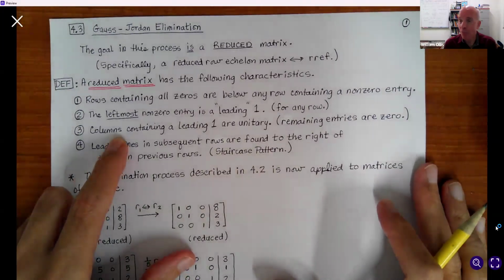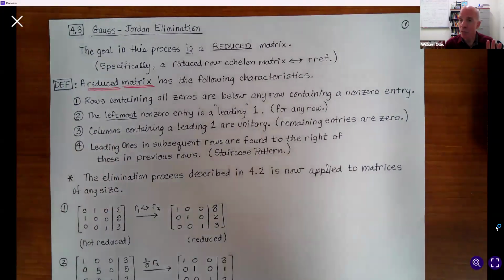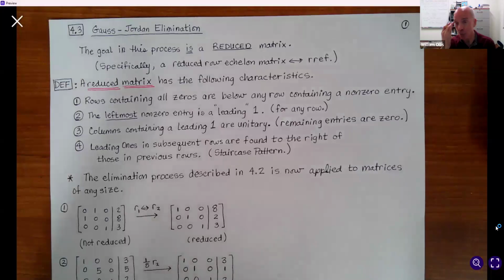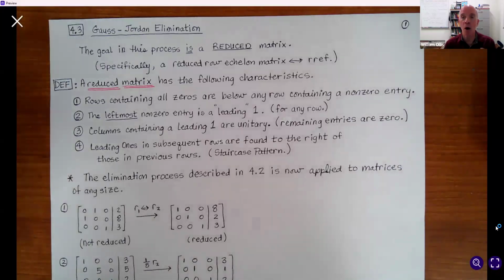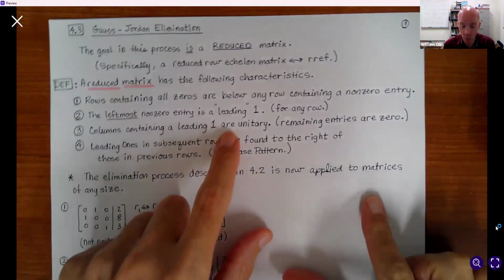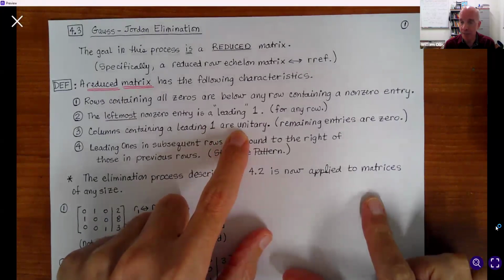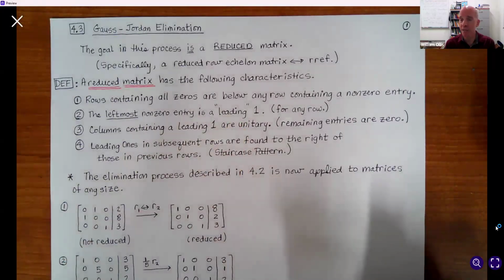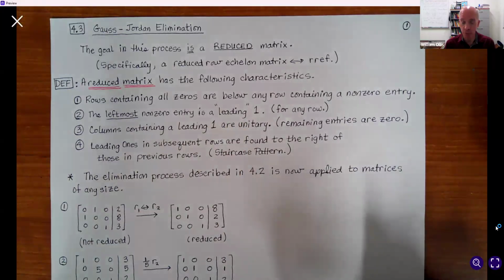Now, one thing about the leading 1 that is very important when we consider the entries to the left of the vertical line is that we want all of the other entries in the column containing the leading 1 to be 0. So we want that column to be unitary. That is, we have the leading 1 and any other entries in the column will be 0.